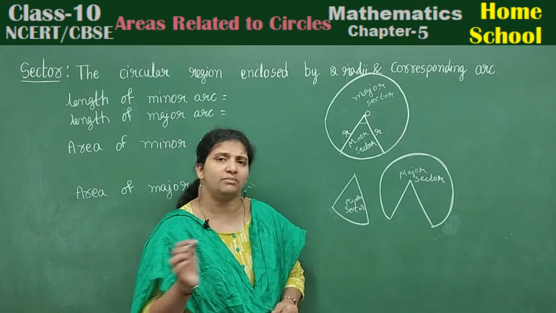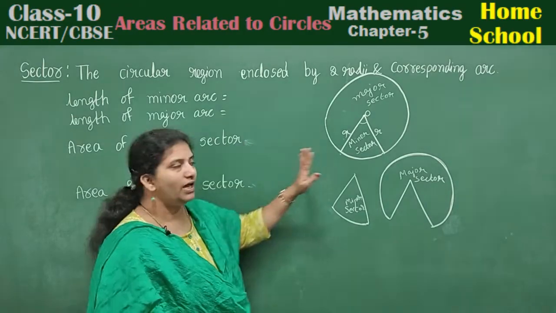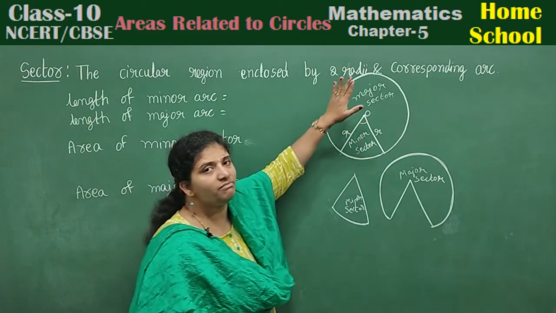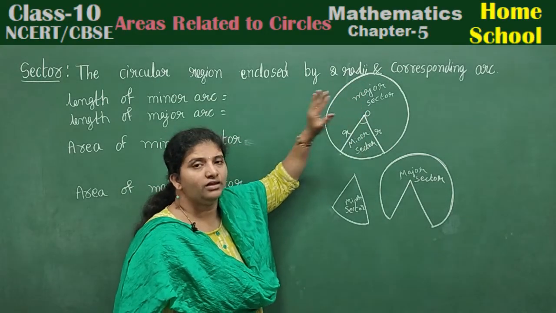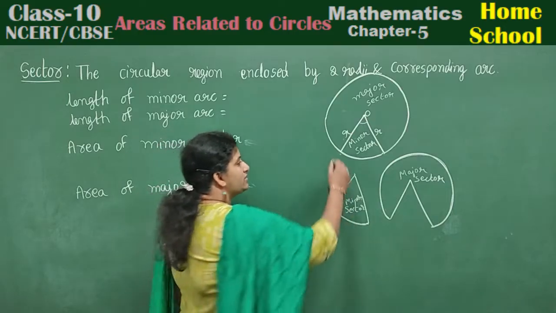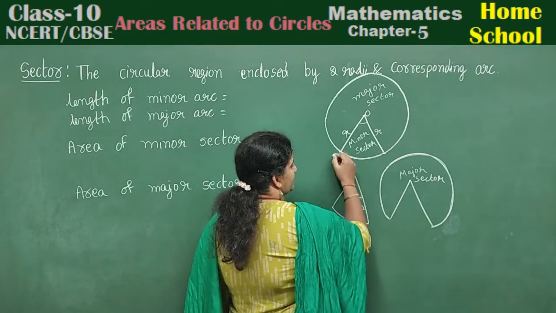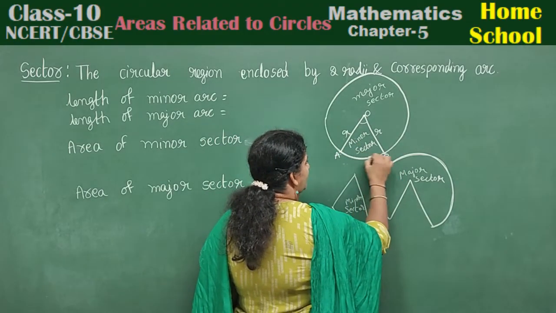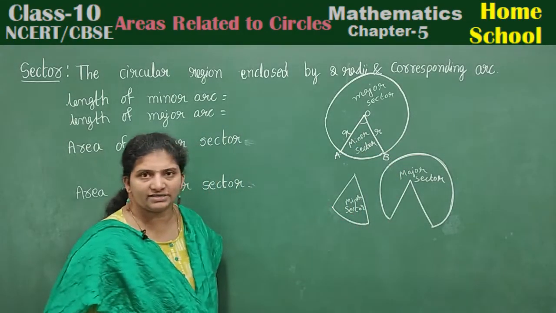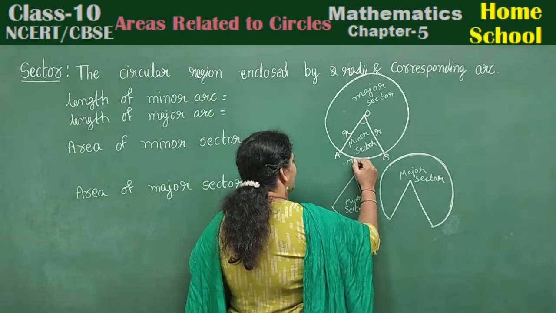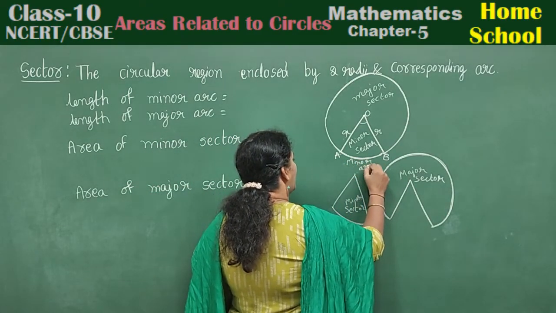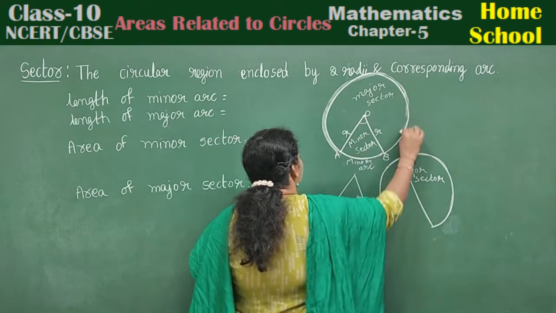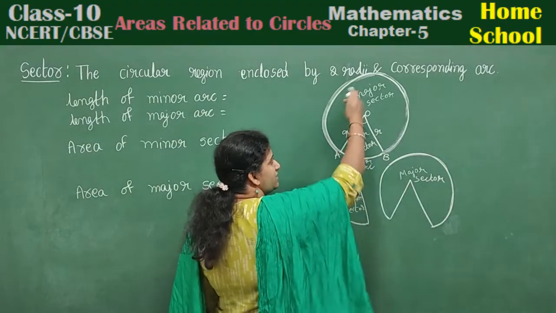Arc, sector, segment you should know clearly. In this circle, you can see the minor sector and major sector. Then coming to the arc, the part of the circumference. Let's mark this A, B. This arc from A to B, we call the minor arc. Now from here to here, if I say AB again, you may be confused whether it is this or that.